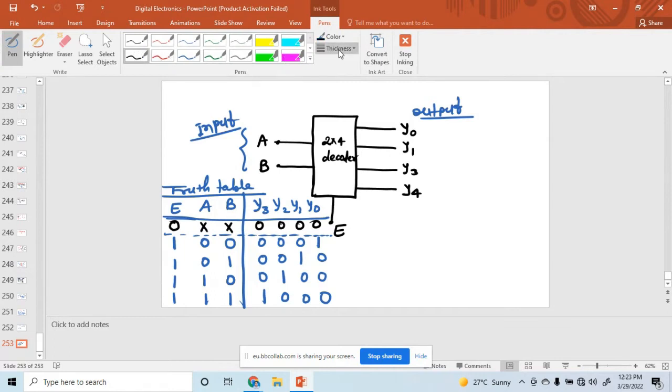Simply see where the 1 is for Y0. The input is 1, 0, 0, that is E, A, B. So we can write Y0 equal to A bar, B bar, E, because 0, 0, 1. So Y0 is equal to A bar, B bar, E.